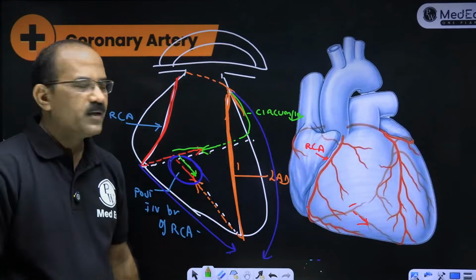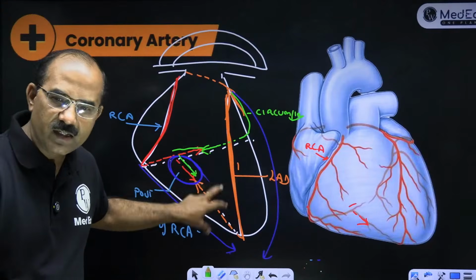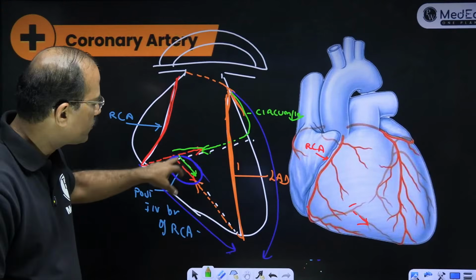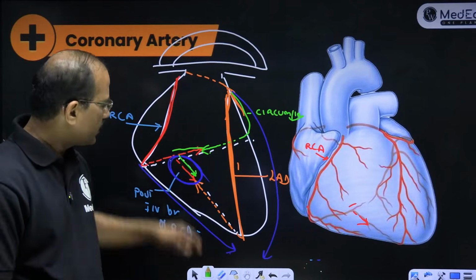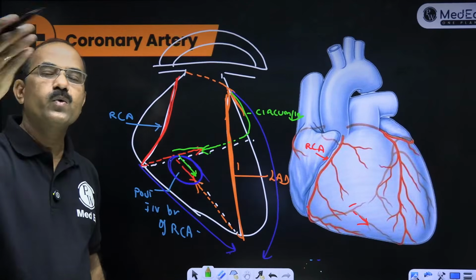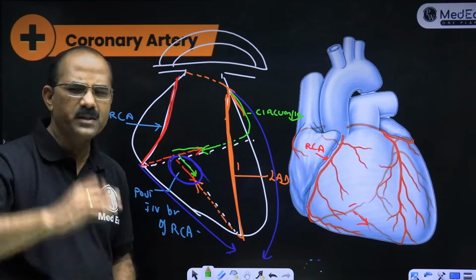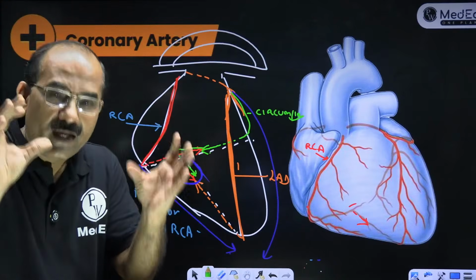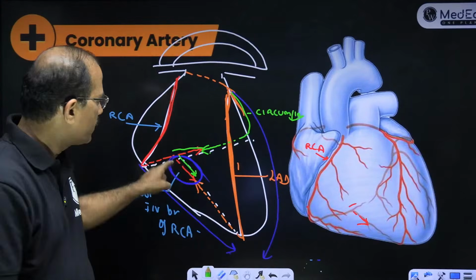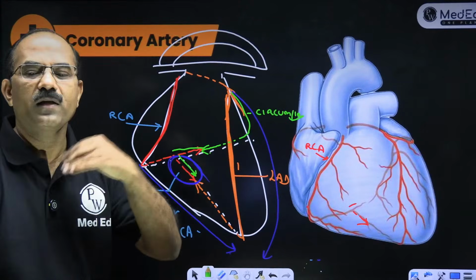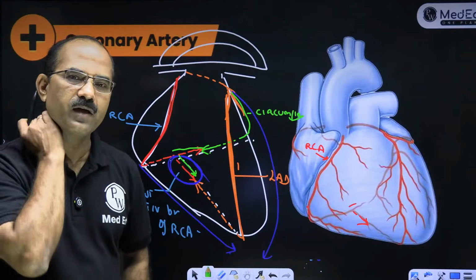If both give branches, it is codominance. Just remember this. The cardiac dominance is determined by the posterior interventricular artery.